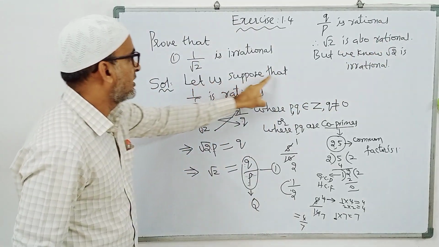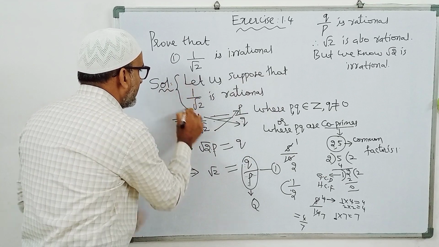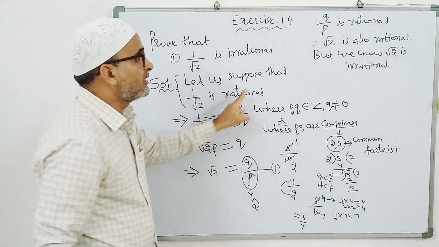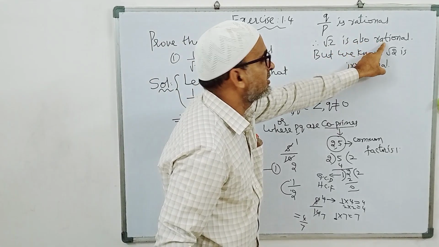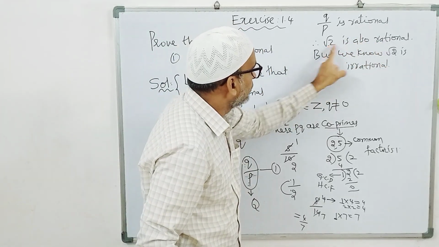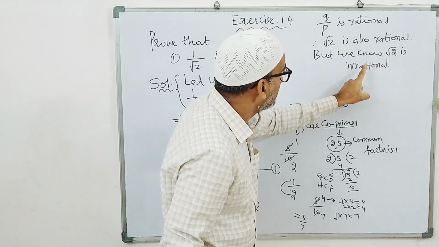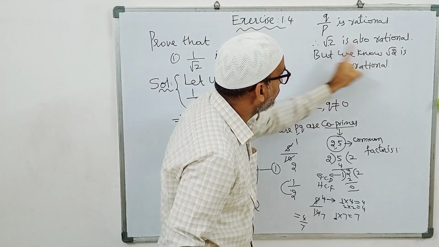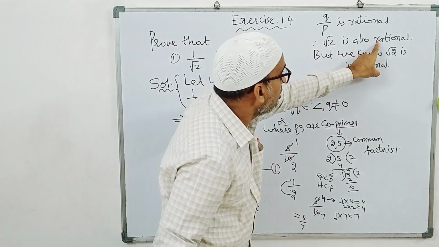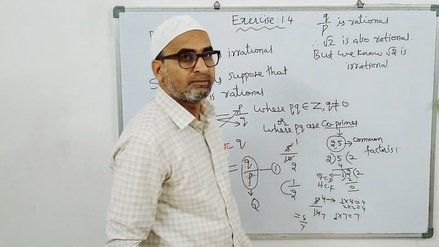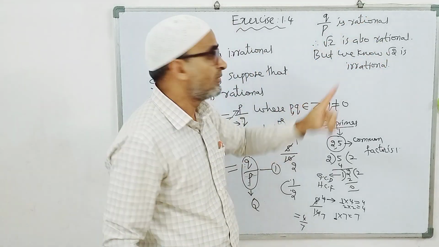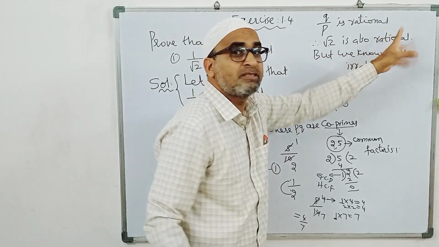Let us suppose that you have taken this sentence here, 1 by root 2 is rational, that's why you got rational. But actually the root 2 value is irrational. So you got a wrong answer. Actually we should get root 2 is irrational, but what we got? Root 2 is rational.